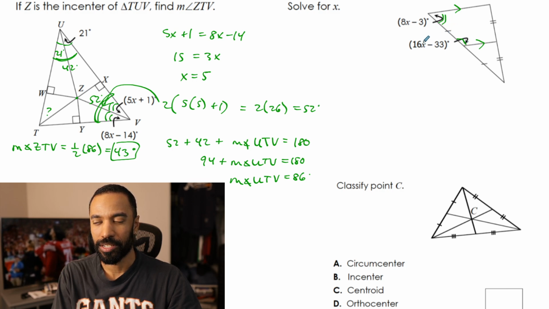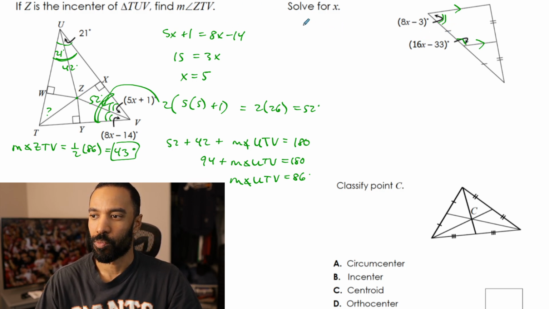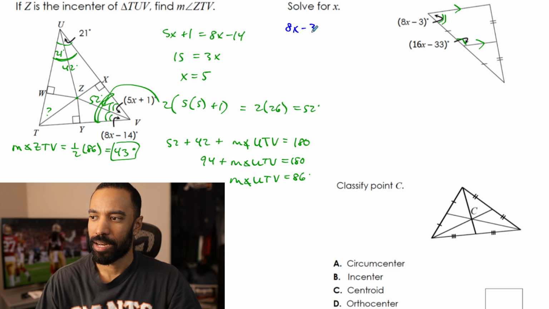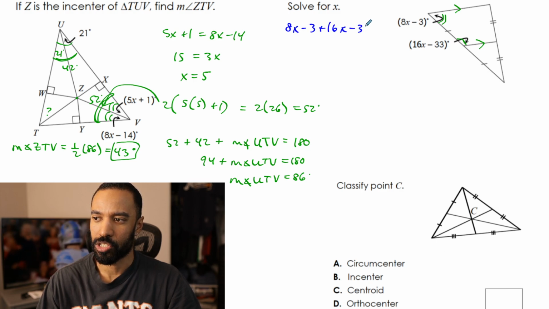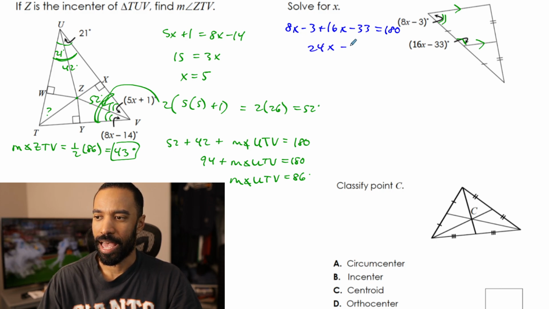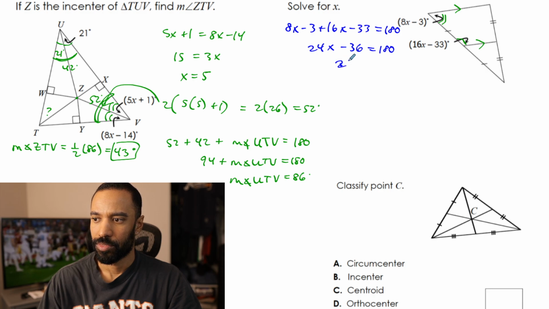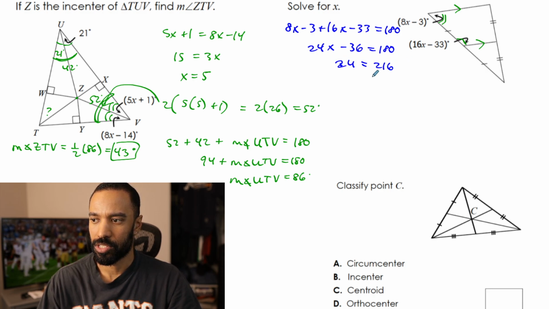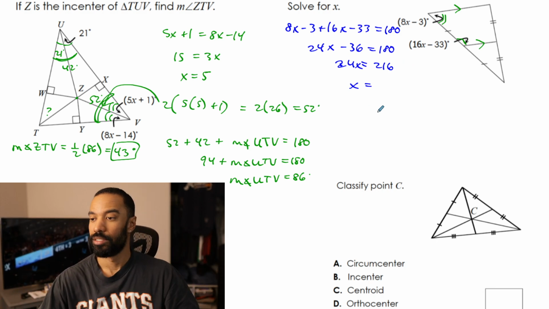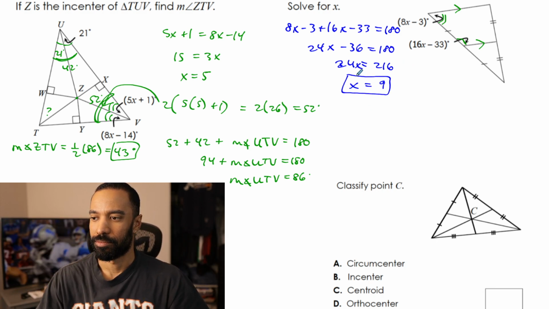These are supplementary to each other. These add to 180. 8x minus 3 plus 16x minus 33 is 180. So 24x minus 36 is 180. They just said solve for x, so we'll just keep going. 216 and x equals 9. So x is 9.